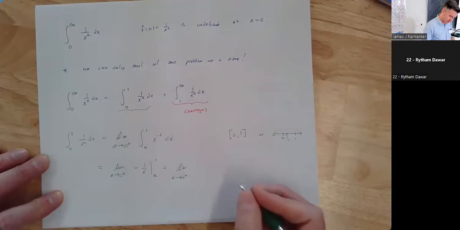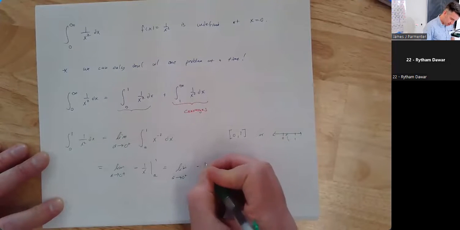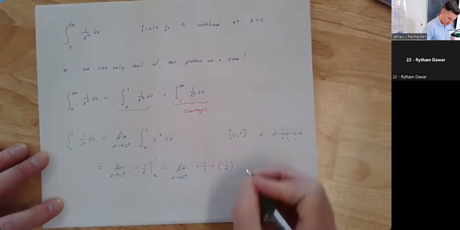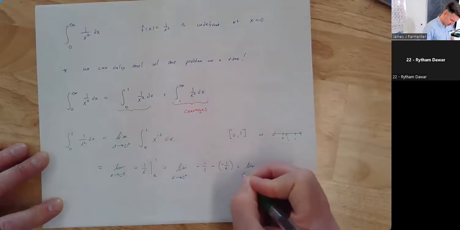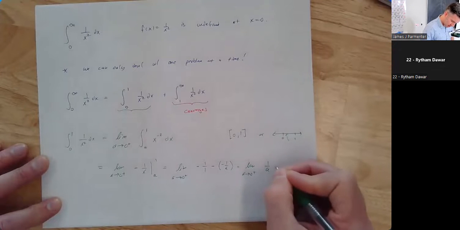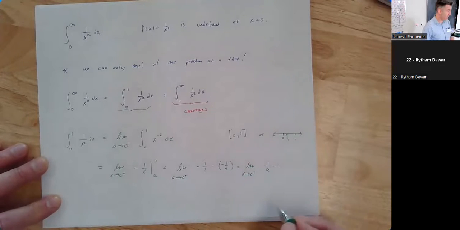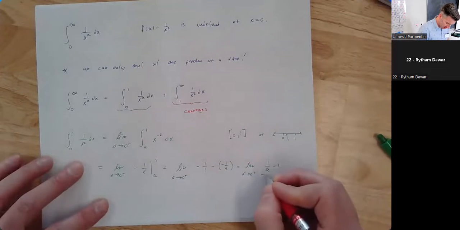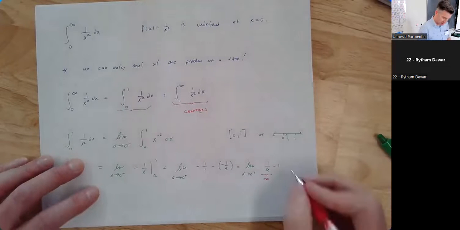As a approaches 0 from the right of -1/1 minus -1/a. Or I do like to simplify this. I don't know why. It's probably not at all necessary. I would write this as 1/a minus 1. But then as a goes to 0, 1/a is going to blow up to infinity. So this limit's going to be infinity.